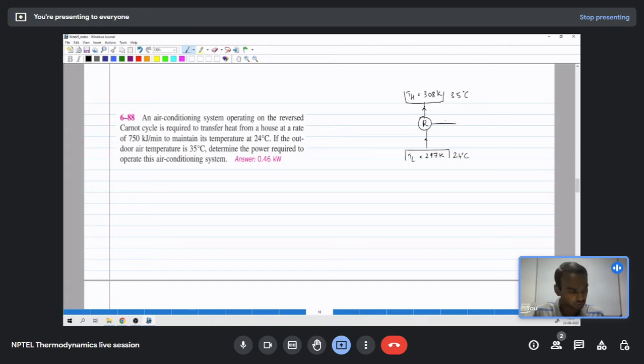and there is a work input that is given to the refrigeration system. Here QL is given as 750 kilojoule per minute. So this can be written as 750 by 60 kilojoule per second, which is 12.5 kilowatts.